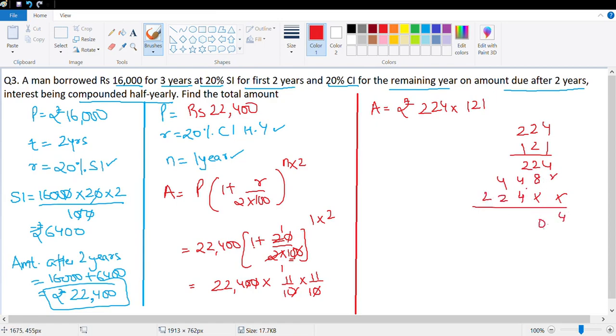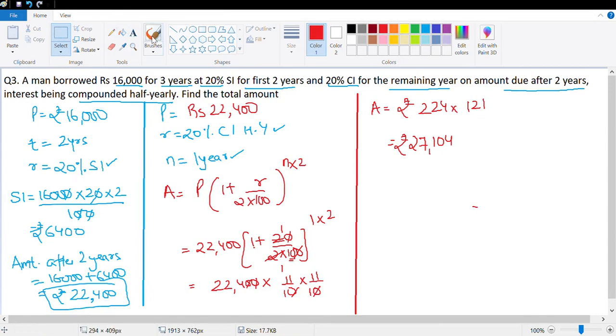That's 4, 8 plus 2, 10, 8, 10 and 11, 4, 6 and 7 and 2. So that's rupees 27,104. So that's the amount after 3 years. Good. The only thing interesting about this question was this part becomes the next principal and then using the formula. Let's look at the next one.